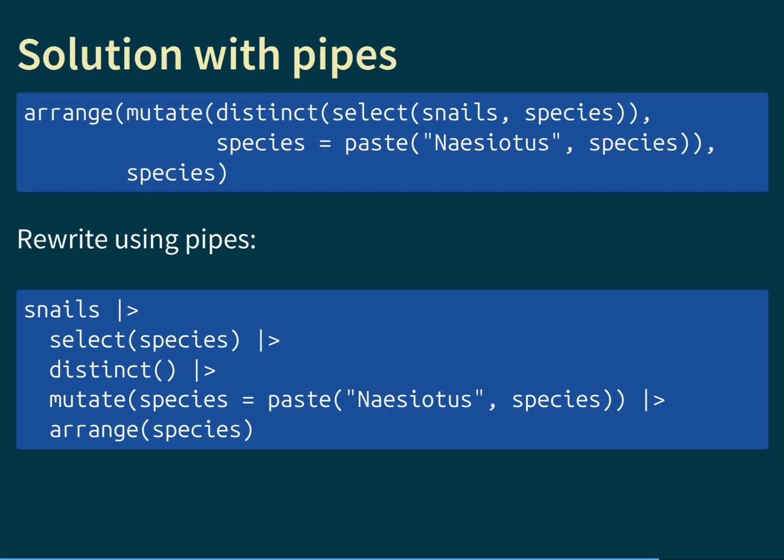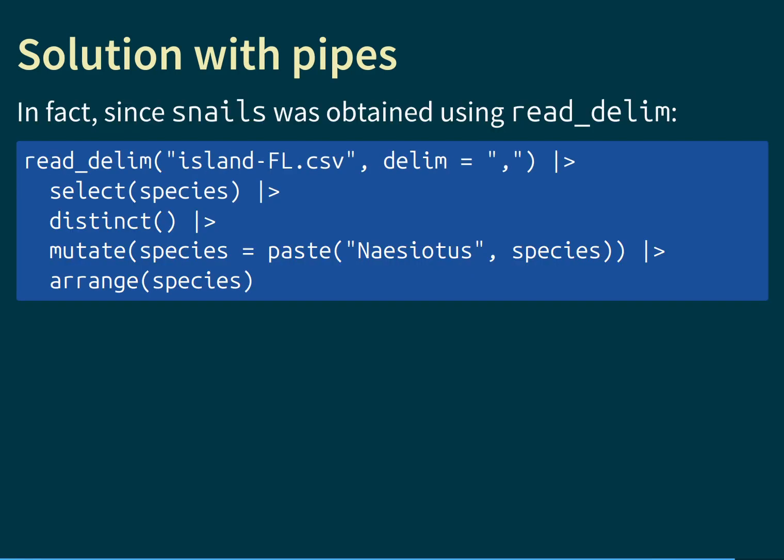One more small comment. You see that in this program we start with the snails dataset, but if you remember from the very beginning of the lesson, the snails variable was defined as the table that we read in from a file. But that means that we might as well not bother assigning the variable, and if we want to, we can rewrite this program by changing its first line to the readDelim function.